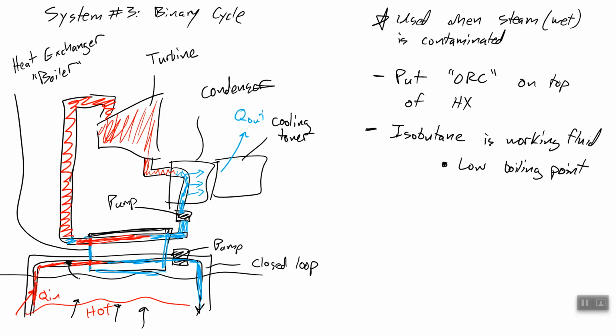So the temperature here can be somewhat low and still evaporate this fluid here, which is what we need to happen in order to have a high pressure steam, or sorry, just vapor here, isobutane vapor, which we expand in this turbine to get work out. All right, that is a binary cycle.